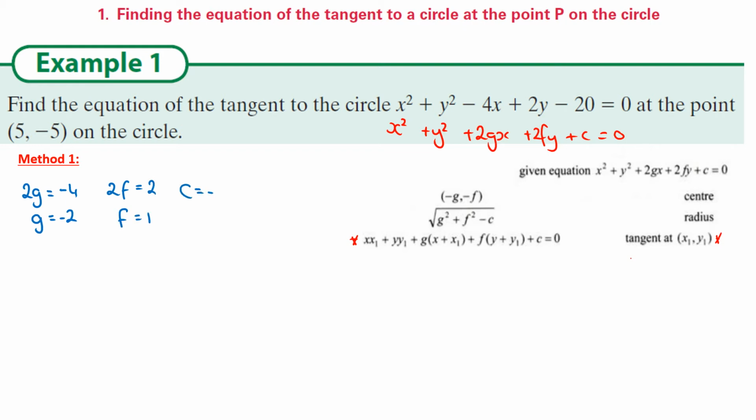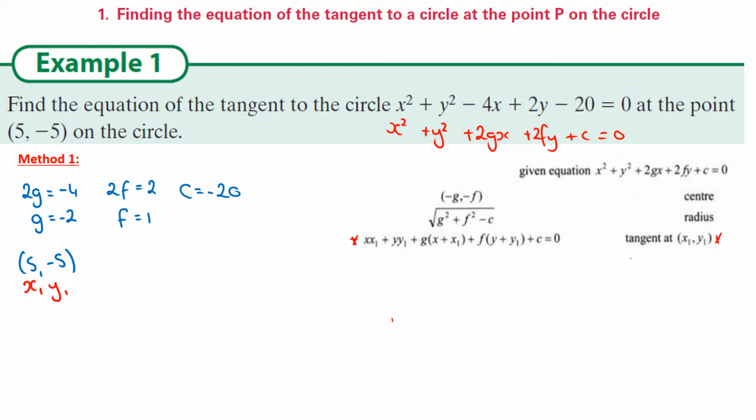And c equals minus 20. So in order for us to use this formula, the tangent formula, we're going to need our g, our f, our c, and x1, y1. So we have the point 5, minus 5, and that's going to be x1, y1.